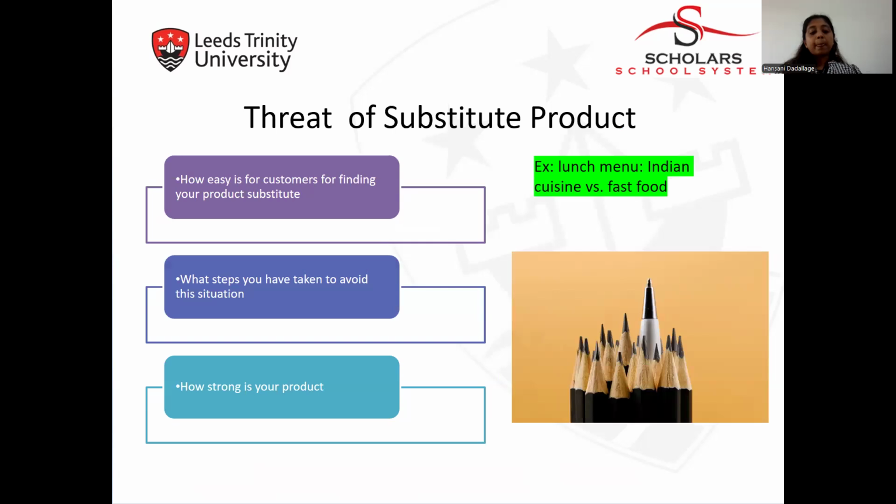So you have to decide how strong your product is and you have to make your product stronger than the other substitute products in order to keep your customers with you without letting them switch to other substitute products.